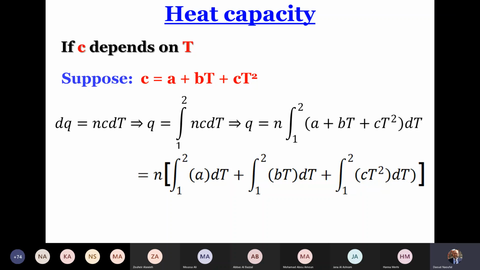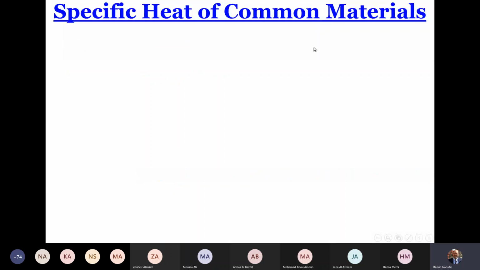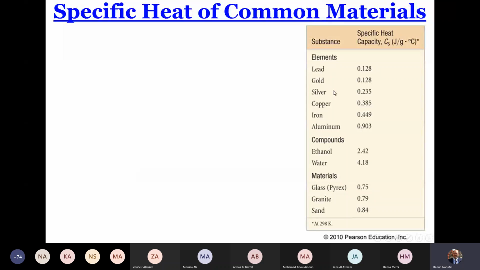This is all about the heat capacity. The last slide of this part is the specific heat of common materials. If we look at the elements lead, gold, silver, copper, iron, aluminum, water, we observe water 4.18. So water has a high specific heat capacity.